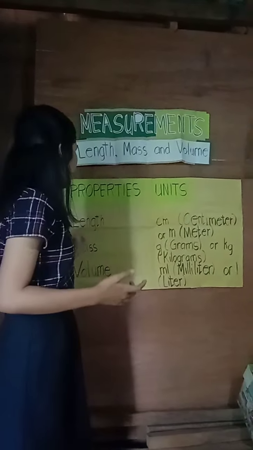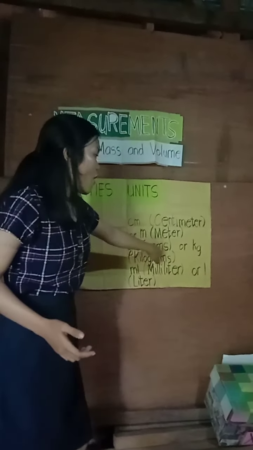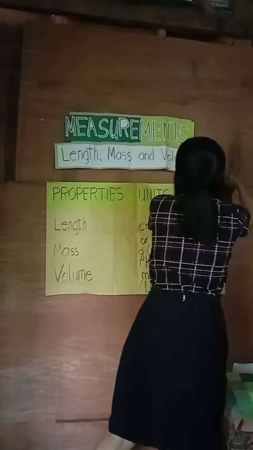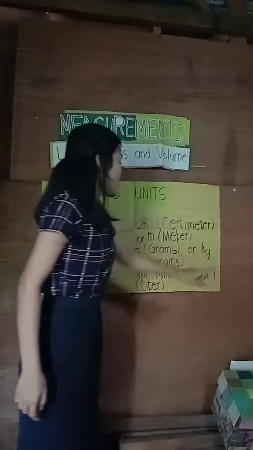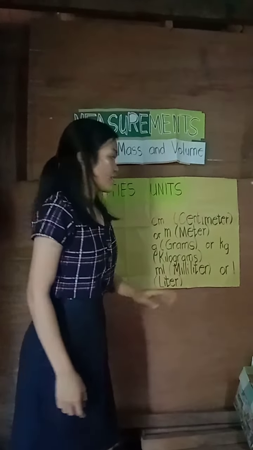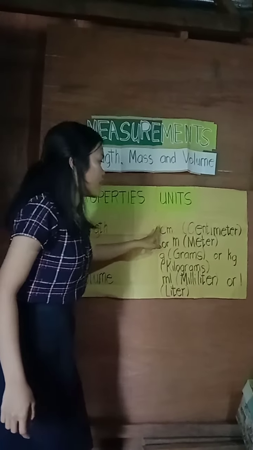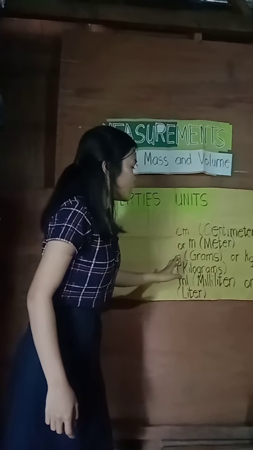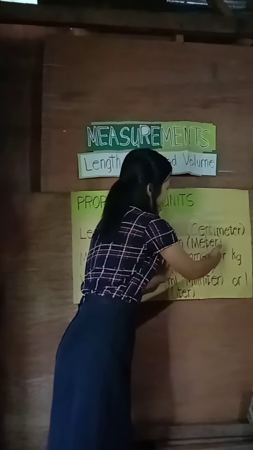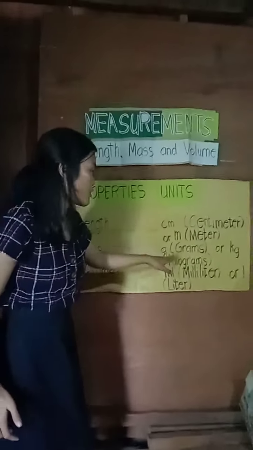For the mass, we have g, which stands for grams, or kg, which stands for kilograms. Just like with length, you can use the whole word grams, or you can use the lowercase g, which stands for grams.